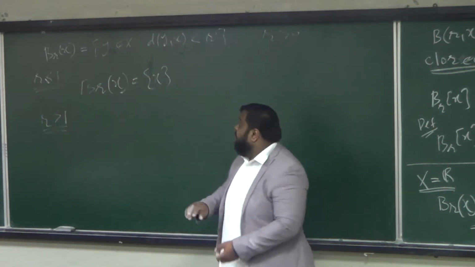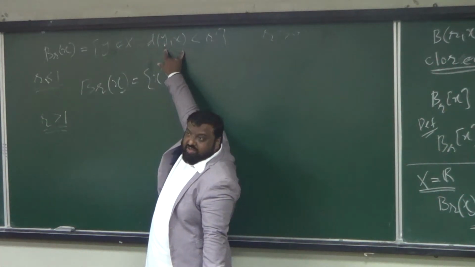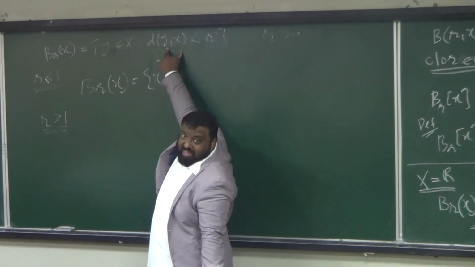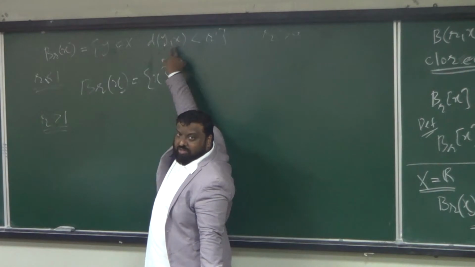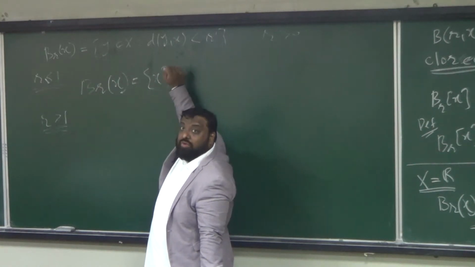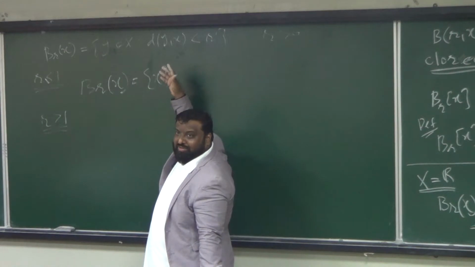Why? Because if r is 1, then the distance between y and x, which are different from each other, is going to be 1, and the inequality is 1 is smaller than 1. But can 1 be smaller than 1? It can't. So 1 is also not a good radius, unless you are taking a closed ball. Then it's fine.